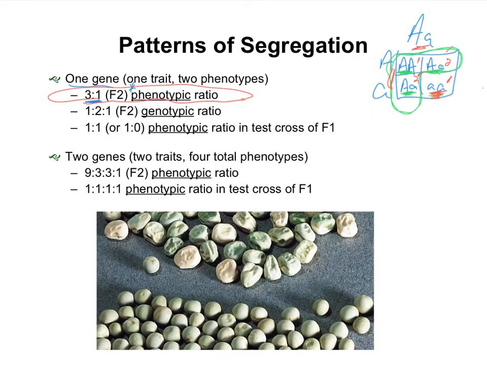And the phenotypic ratio in a test cross, and I want to remind you what a test cross is. If you have a green smooth pea, and you want to know, is this thing a purebred for green and smooth, or is it a hybrid for this particular color and shape?